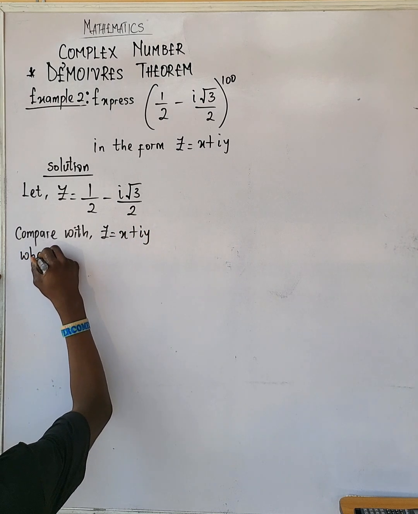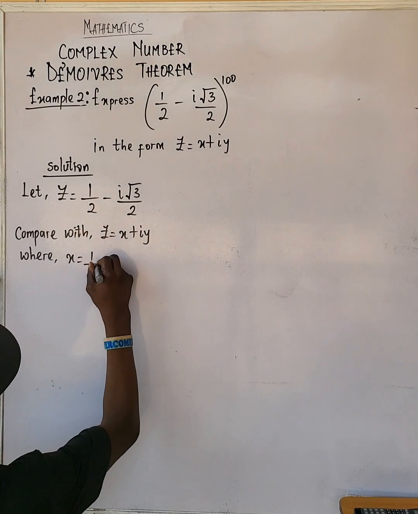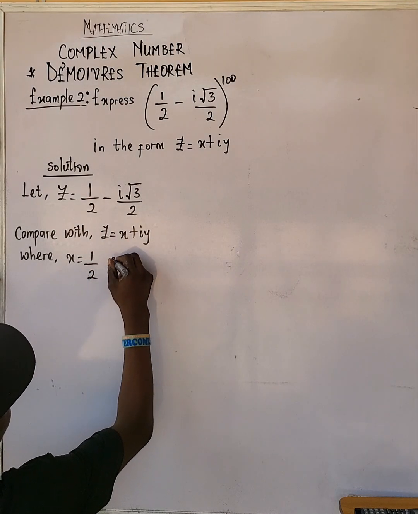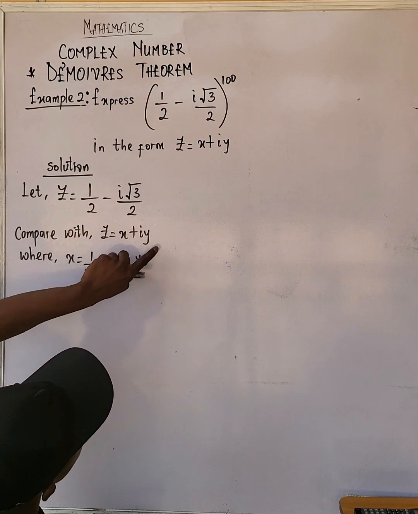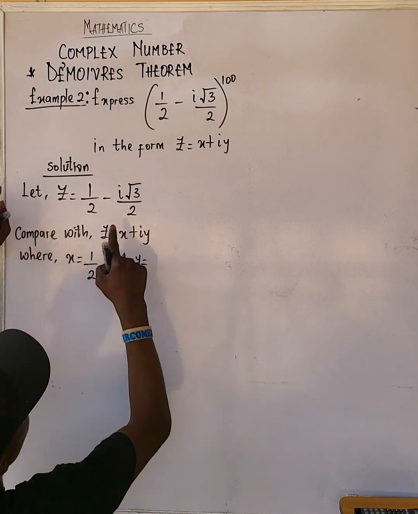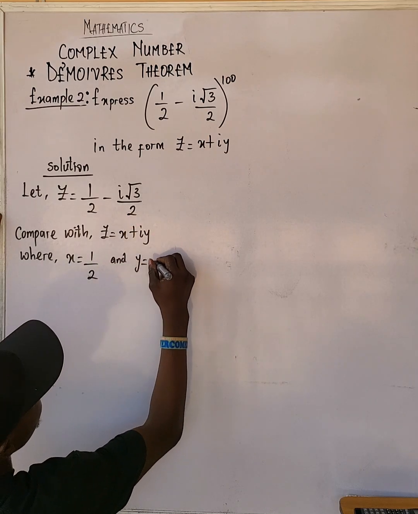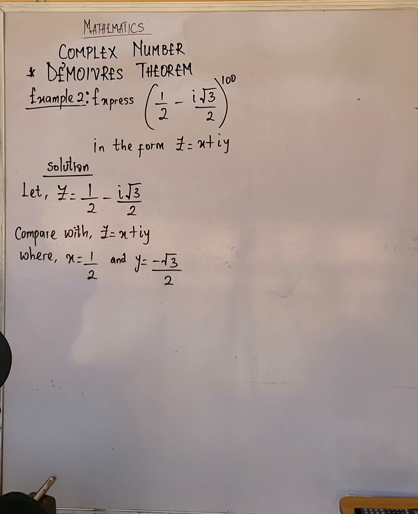Where x is 1/2. And what does y represent? The coefficient of i is y. What's the coefficient of this i here? You have to take it with the sign. Don't forget, that's minus square root of 3/2.